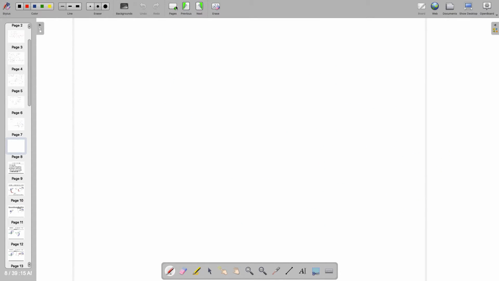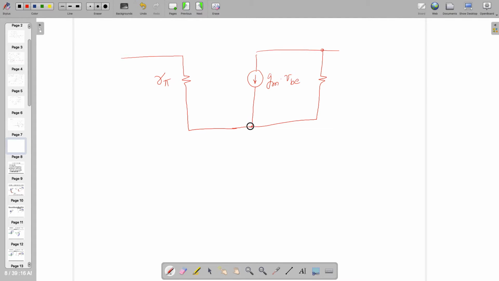Okay, so let's understand one thing. How much you are good at R0. So this is base, emitter and collector.